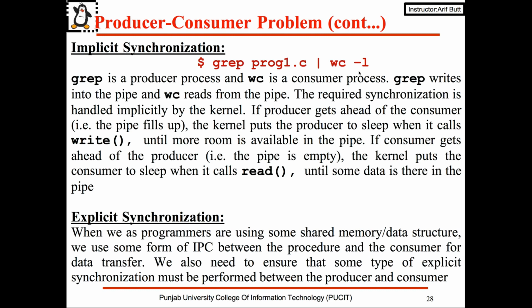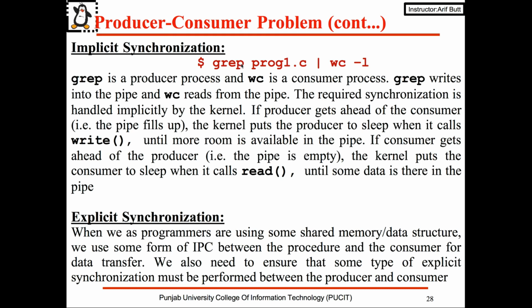We all know that in case of pipes, the kernel is responsible for the synchronization, that is implicit synchronization. Over here, grep is the producer process and wc is the consumer process. The grep process writes its output into the pipe, and wc reads from the pipe. The required synchronization is handled implicitly by the kernel.